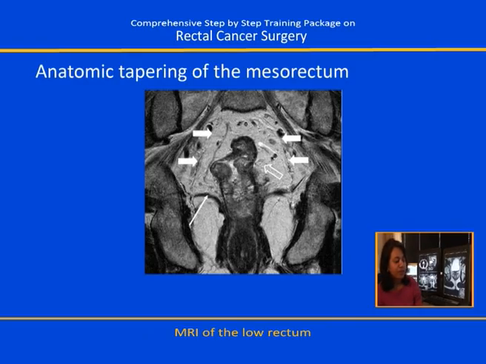So this coronal image essentially shows the challenge that's faced surgically when undertaking surgery for low rectal cancers. And what we can see here is the mesorectal fascia and the TME plane, which takes us down to the surface of the levator here.